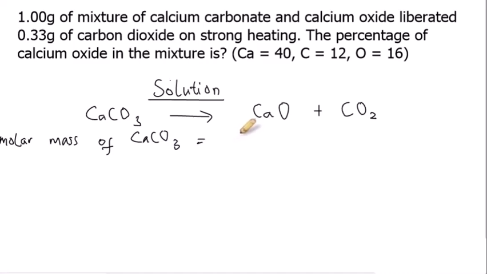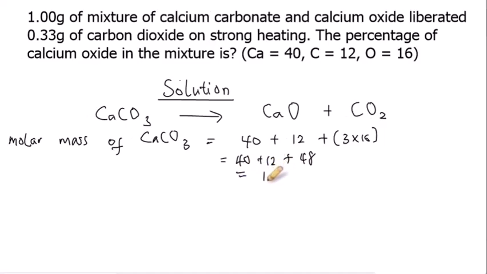So we have calcium 40, plus 12 for carbon, plus oxygen, 3 atoms are present, so 3 times 16. This is 40 plus 12 plus 48, which equals 100, and the unit is grams per mole.